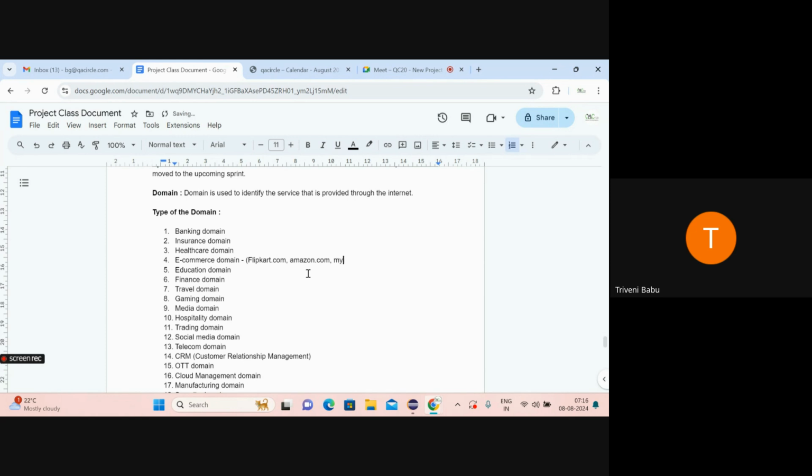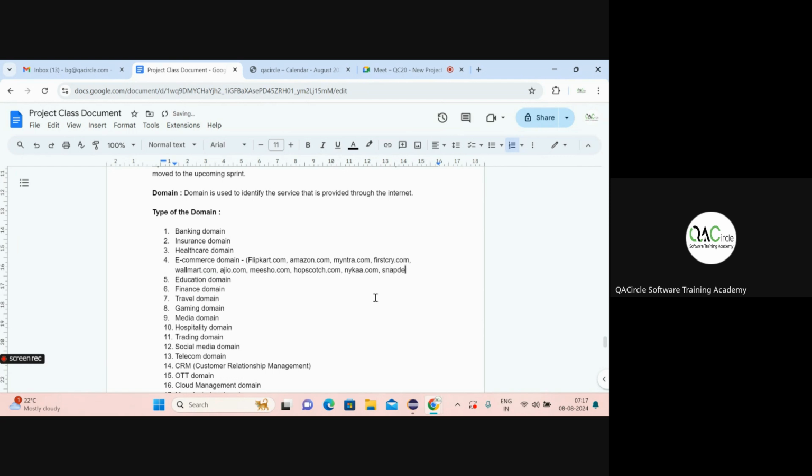Myntra, yes. FirstCry. Walmart. Ajio. Nykaa. Meesho, yes. Hopscotch. Snapdeal, yes.